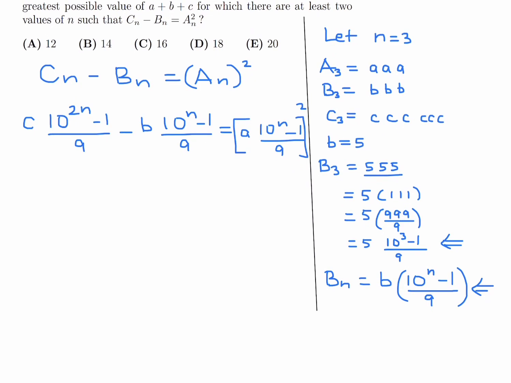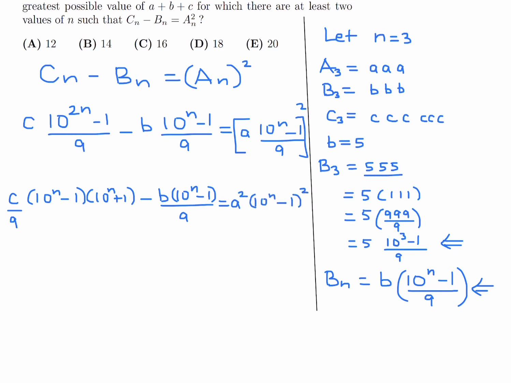So at this point, let's do a little bit of expansion, not too much. C times 10 to the n minus 1 and 10 to the n plus 1, and that's going to be over 9. B, this is just going to be pretty much the same thing. Not much I can do there. This one, a squared times 10 to the n minus 1 all squared. And then 9, don't forget to square that one. It's going to be 81.